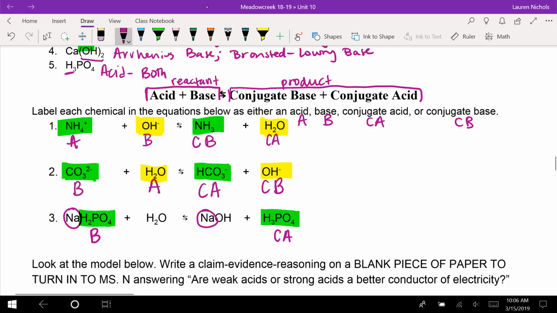The conjugate acid has an extra hydrogen compared to the base. And we see OH here, which means this has to be the conjugate base, and that means water is behaving as an acid again. Now, I know that in all 3 of these examples, water was behaving as an acid, but it doesn't always have to be. Remember that water is listed as an acid and a base. In these 3 examples, it just happened to be an acid, but it will not always be that way.